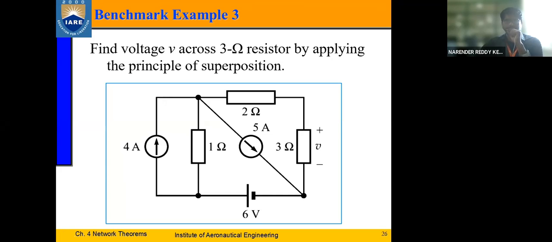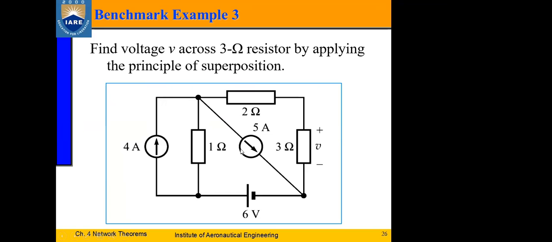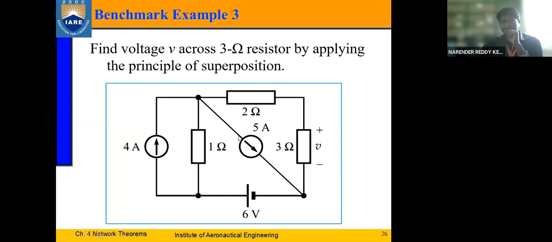I have to replace this. I'm just not drawing the equivalent circuit for that. I want this source replaced with its internal resistance or impedance, which will be an infinite value, which is nothing but an open circuit. That's what we discussed in the last class, right? So the current source here, 5 amps, is replaced with an open circuit, and this voltage source, 6 volts, is replaced with a short circuit, isn't it?